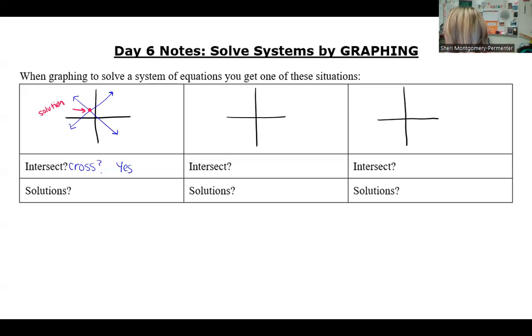How many times are those lines going to cross? Are they ever going to cross again? No. So there is one solution, and it would be X, Y. So yes, there is one solution, and it is X, comma, Y, whatever that point is.